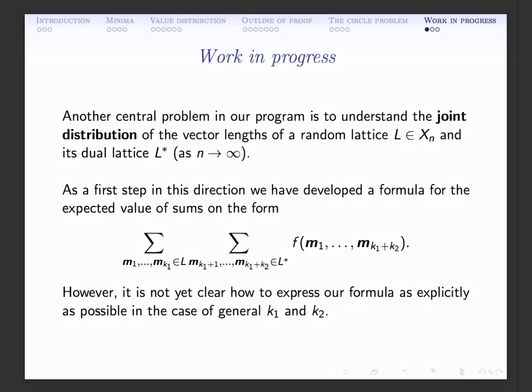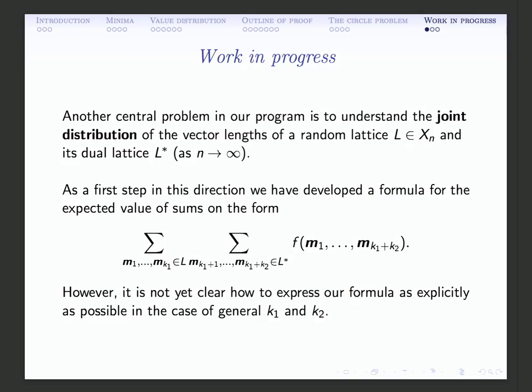In order to do so, we have developed a new moment formula, a sort of generalization of Rogers' mean value formula that can handle mean values of expressions of this type. So this is a double sum where a certain number of variables belong to the lattice and a certain number of variables belong to the dual lattice.